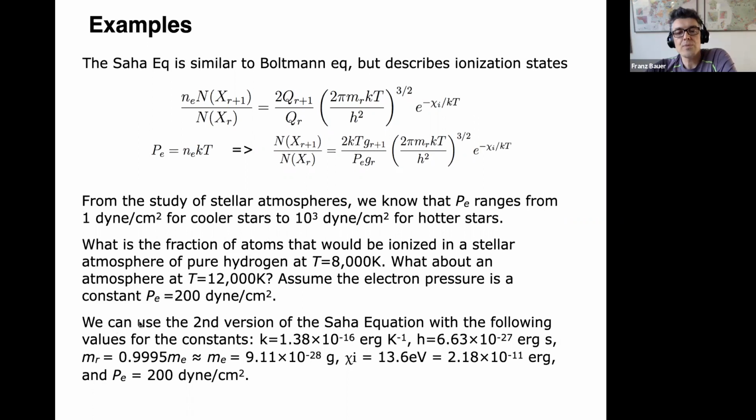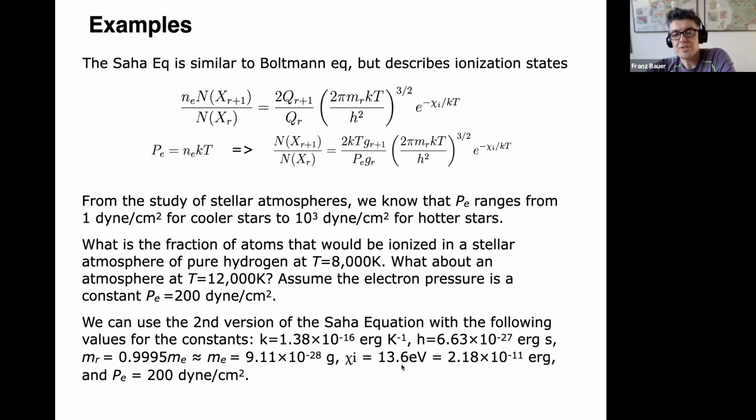We can look at the second version of the Saha equation here, plug in our pressure term and our ionization potential, and plug in our temperature. We want to know what the fraction is here. So we do that and plug in our various constants here. The mass of this particular species, the m_r here, is going to be roughly equal to m_e.